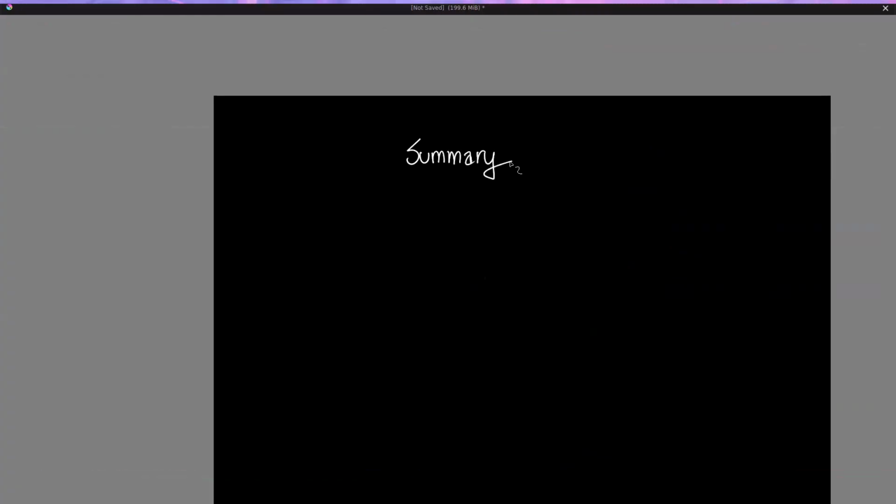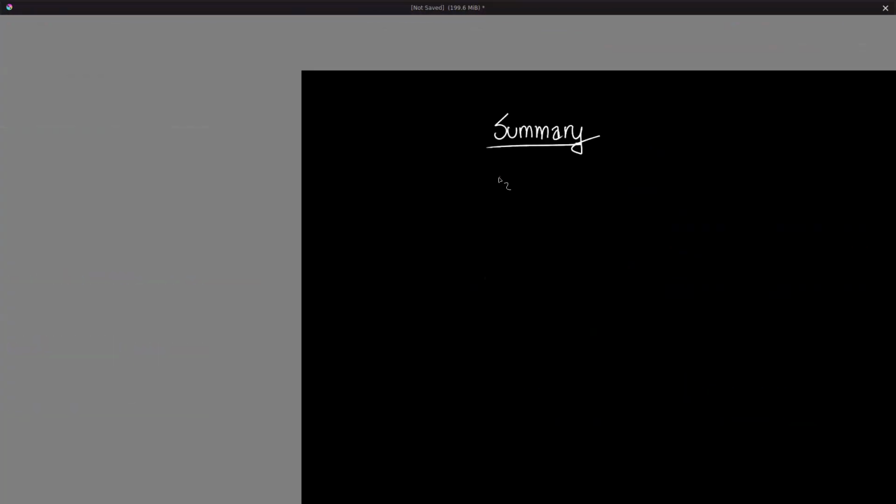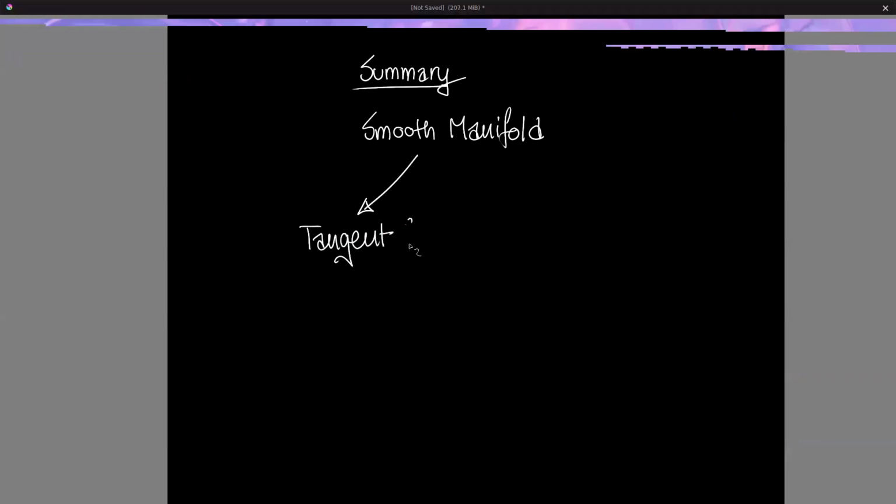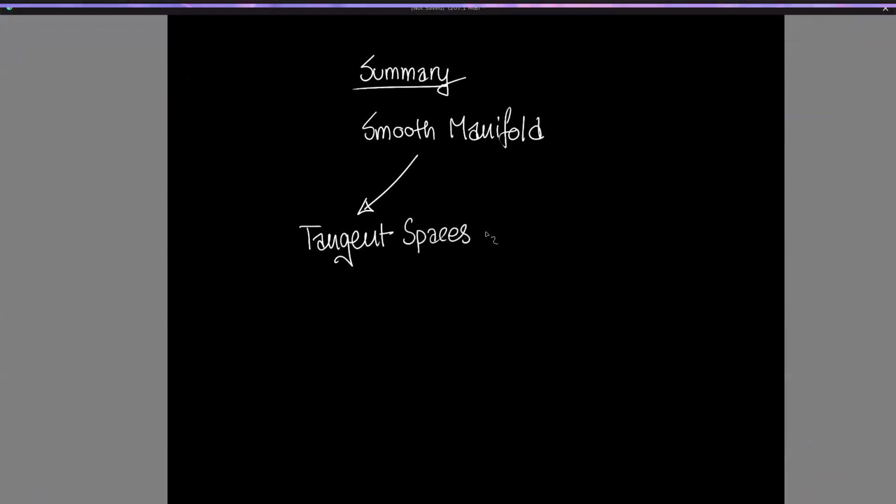So in summary, today we went from a smooth manifold and we defined two spaces, tangent spaces and cotangent spaces.